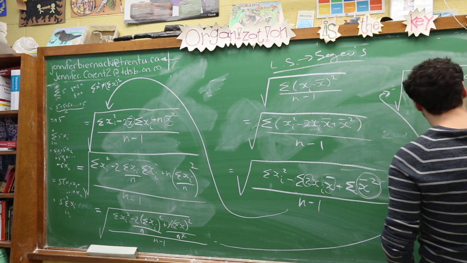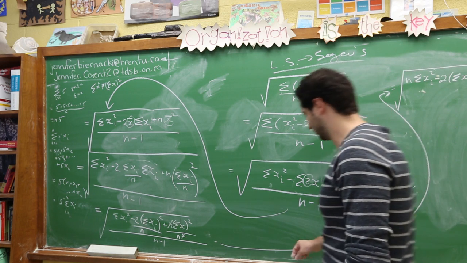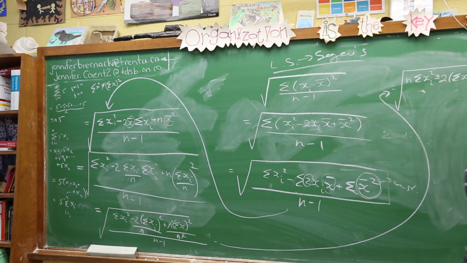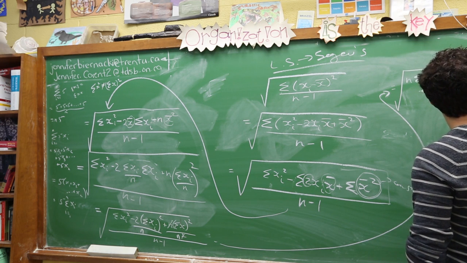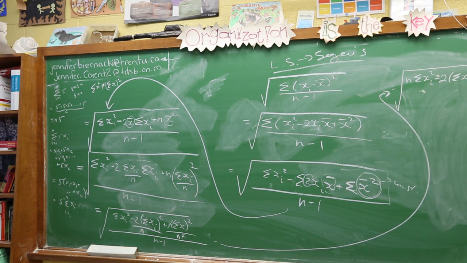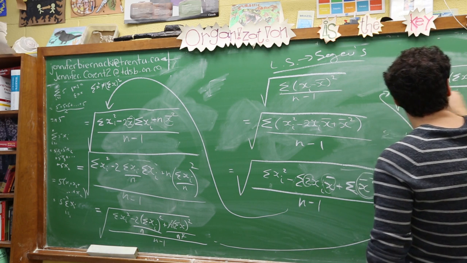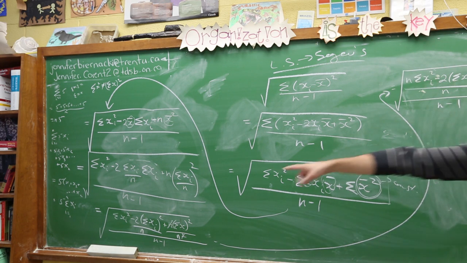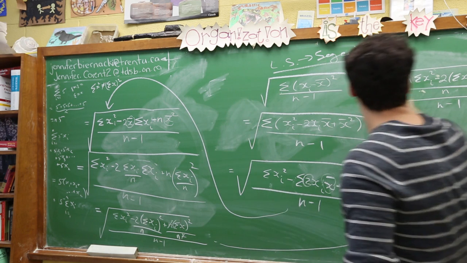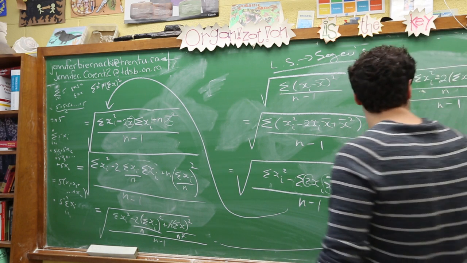Because I'm trying to. Sir, you can just do the common denominator ones first. That would make it easy. Let me finish, please. So I have to multiply top and bottom of this by n, which gives me that. And then the other two already had n's under them, so I don't have to change them.